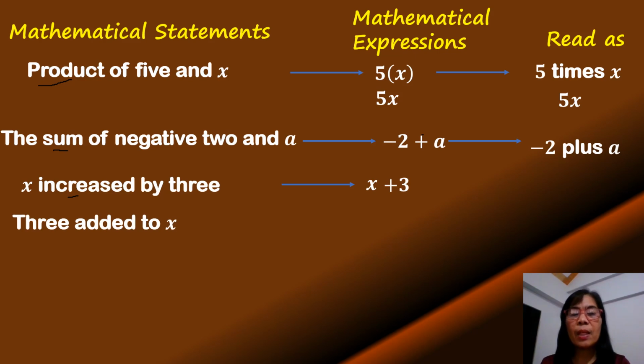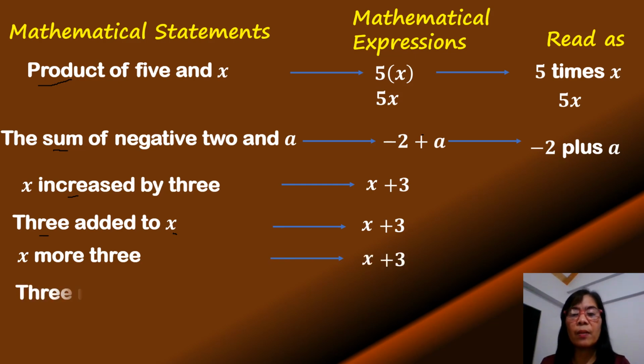The statement 3 added to x. So 3 added to x, that means you're going to write first x, then you add 3. X more 3, so you write first x, and then you add 3. 3 more than x. So take note of this statement, 3 more than x.